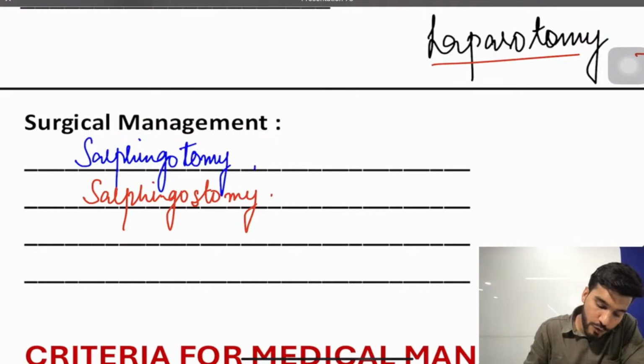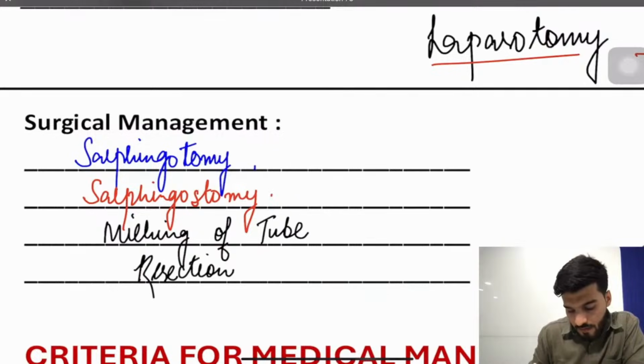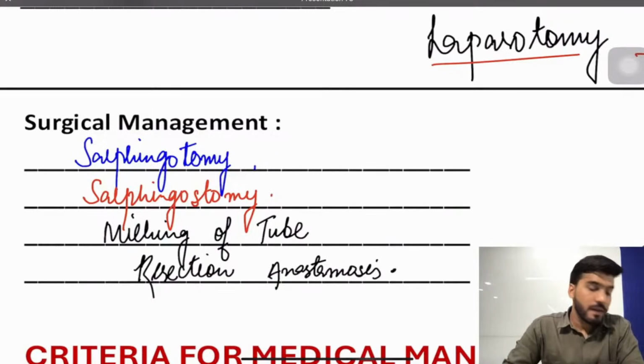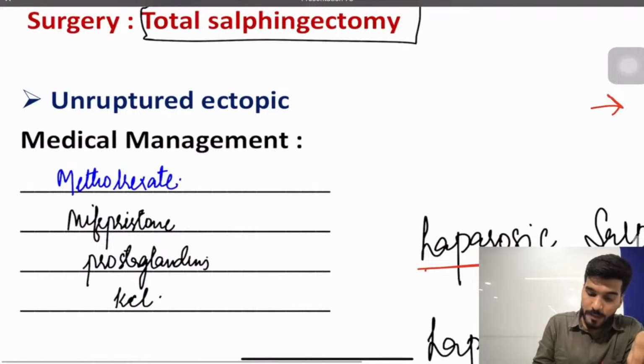We have milking of the tube, an outdated procedure, or resection anastomosis. This is all about the medical management and surgical management for unruptured ectopic pregnancy.